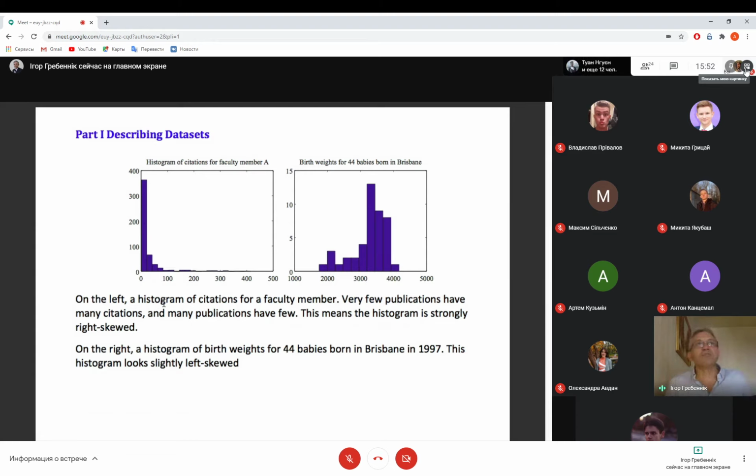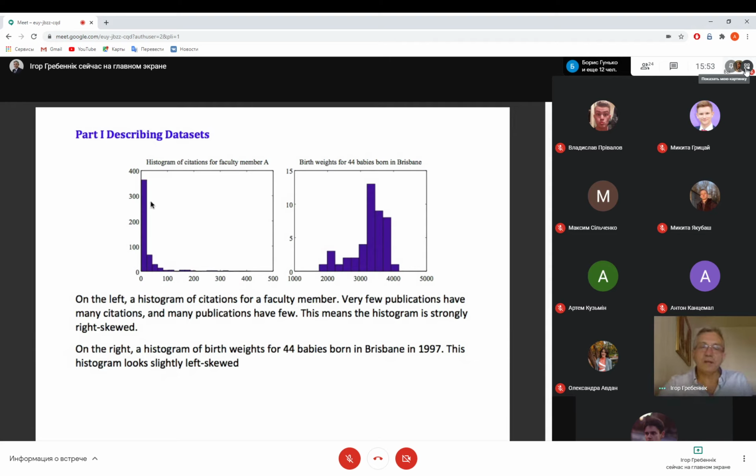For example, I wrote a paper and somebody after that reads the paper and in their paper makes a link to my paper. It is called a citation.